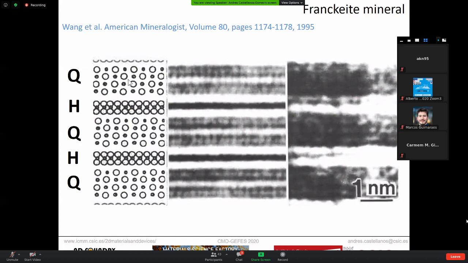So this kind of superlattice structure. This layer here resembles galena, lead sulfide, and this layer here is basically tin disulfide. And then you have these alternating layers of lead sulfide, tin sulfide, lead sulfide, tin sulfide, etc. So this is already quite interesting.